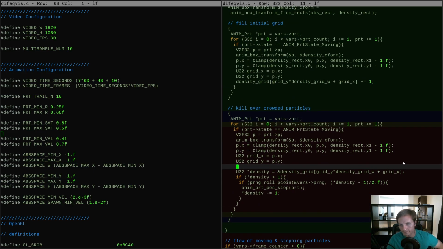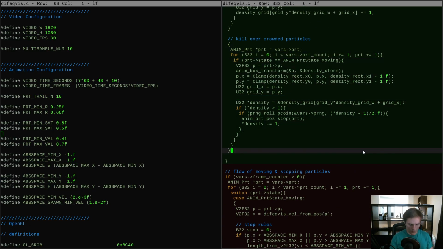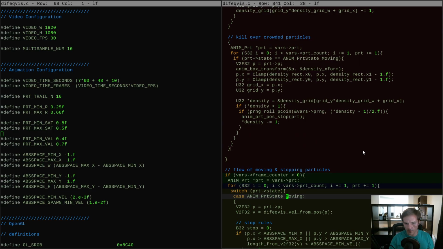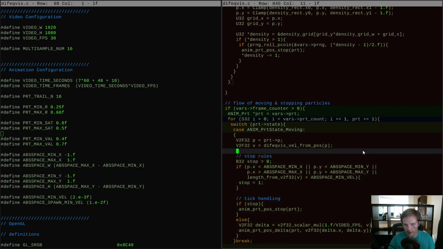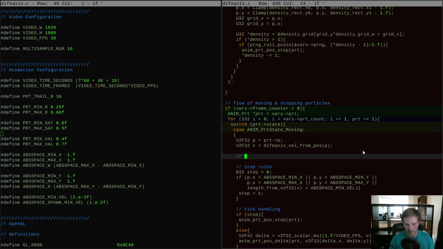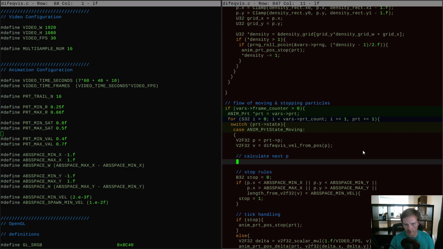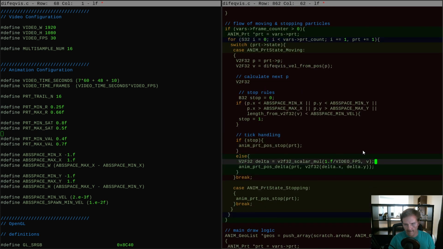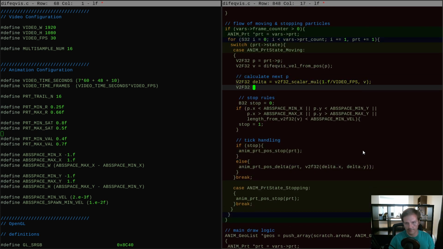And then thing number two is when we are updating moving particles, we're applying this rule here. Let's look at calculate next P. Calculate the delta.